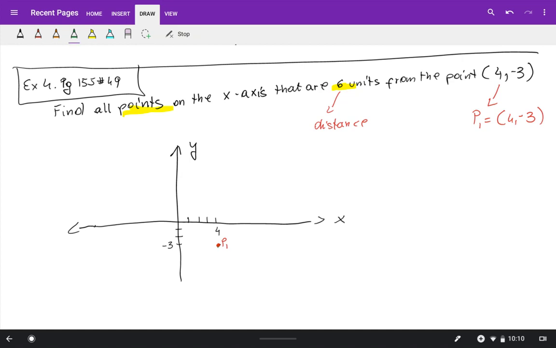Again, we can go 6 units that way, and that will be our point. Or we can go 6 units that way, right? We can measure 6 units and we can find this point.